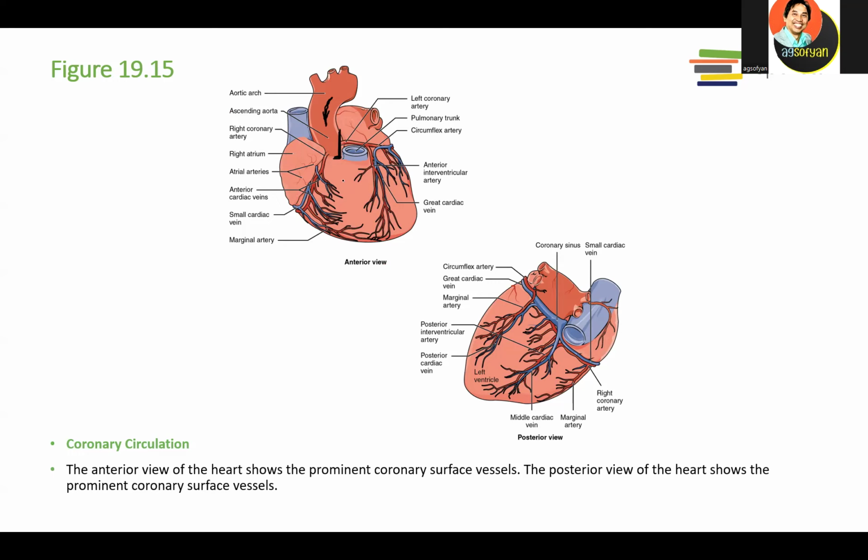Now, as soon as the blood flows into the aorta, it actually branches. There is a small branch over here on the right and on the left. This is the artery that will bring the blood to the heart muscle, the myocardium.